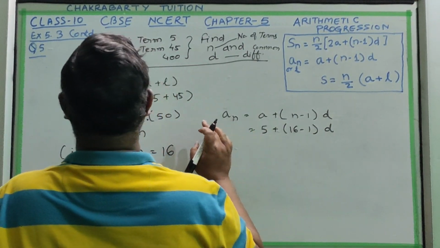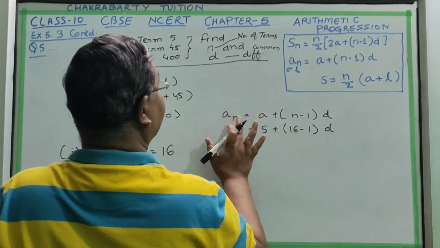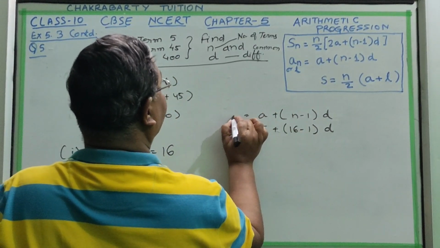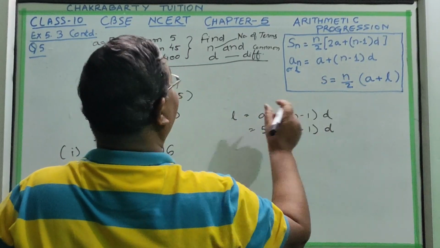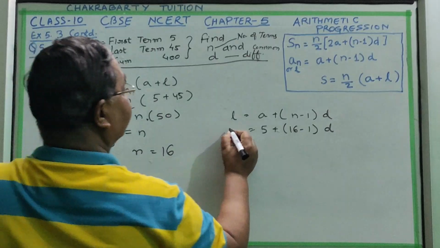A n or L is the same thing, so we can write it as L also. L is given as 45 in the question.